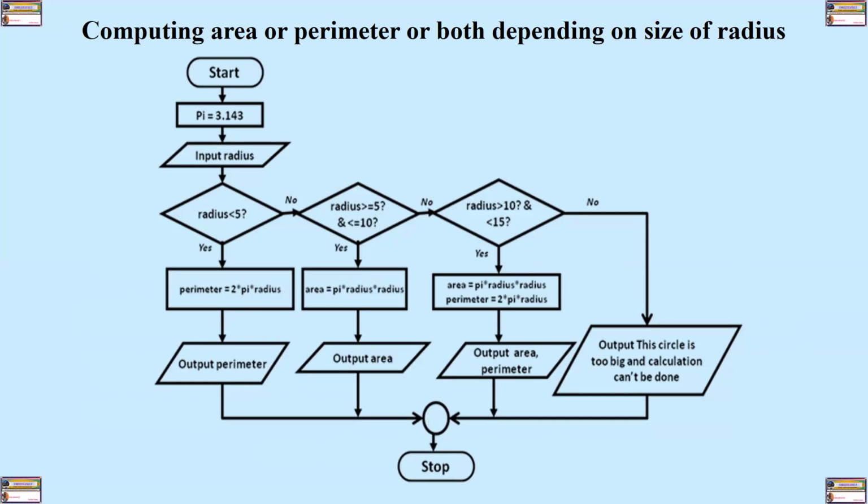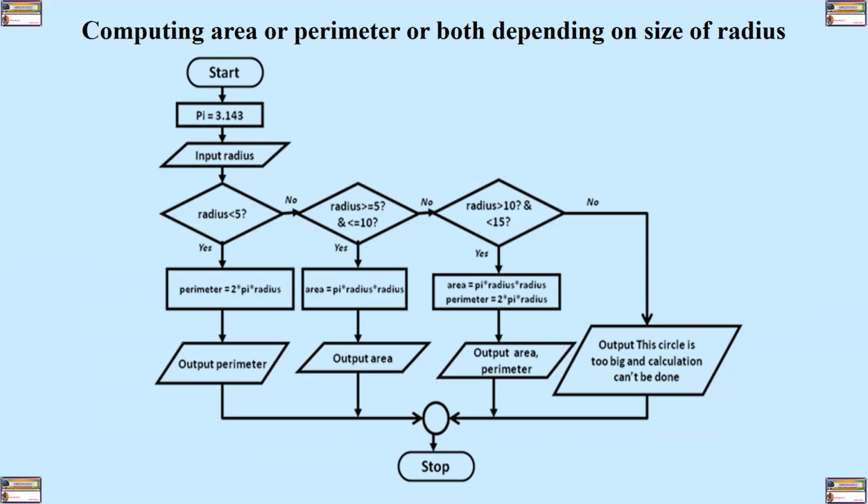You can see. Start, assign the value of pi to be 3.143. Then prompt for radius. Next, check radius. Is radius less than 5? If yes, compute perimeter. So the first part will be followed for yes.